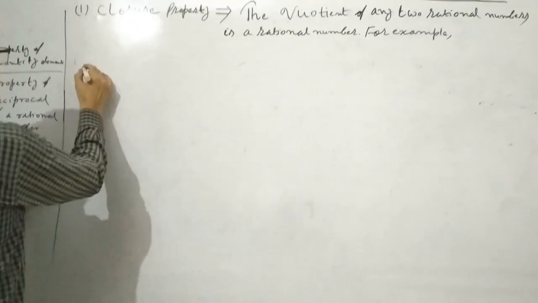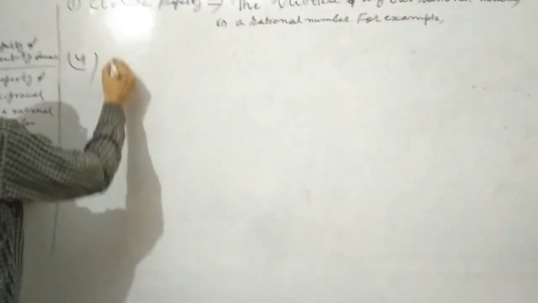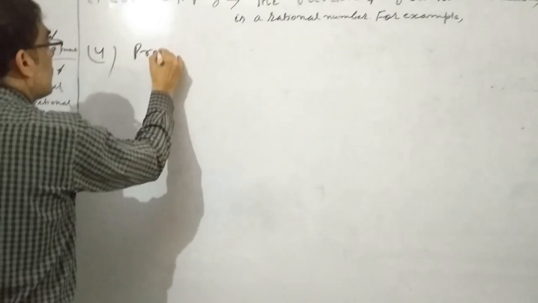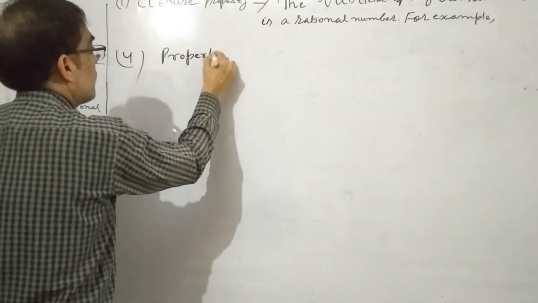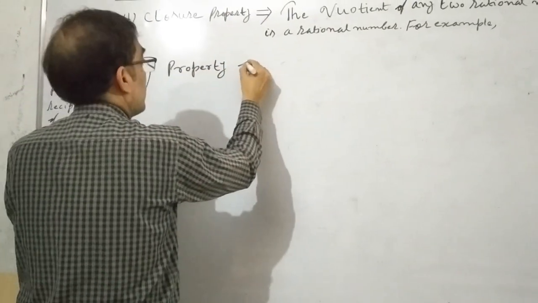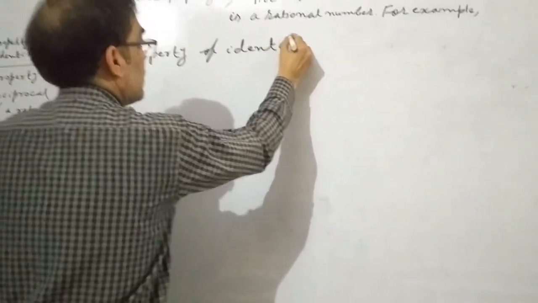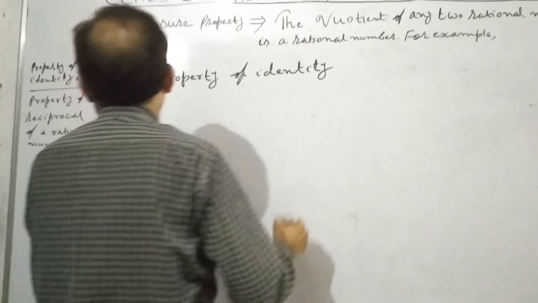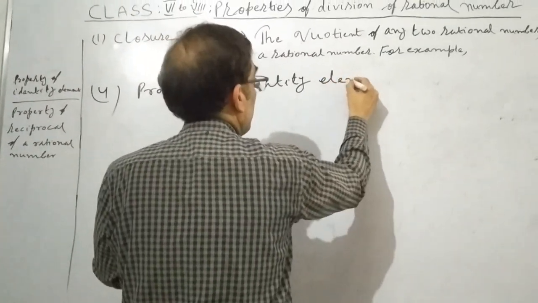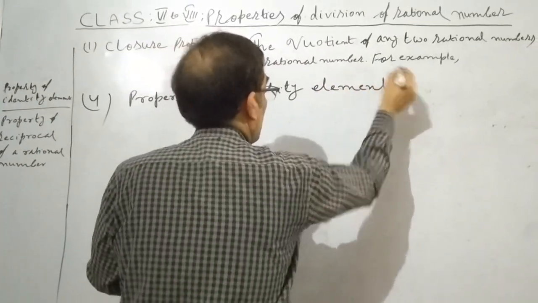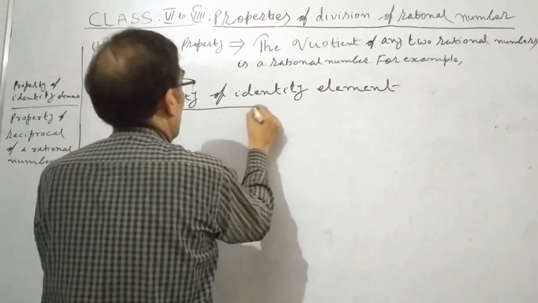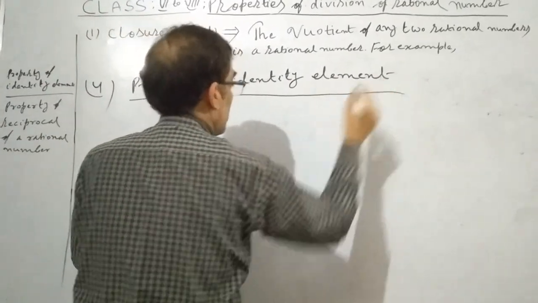And now, fourth property, property of identity element.